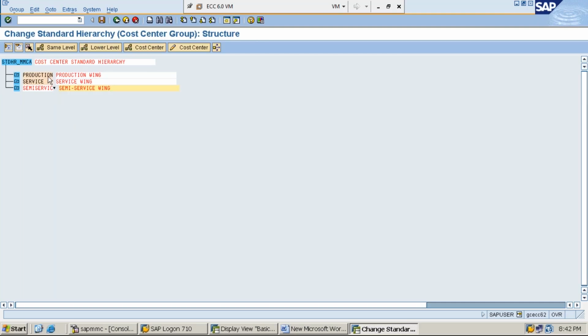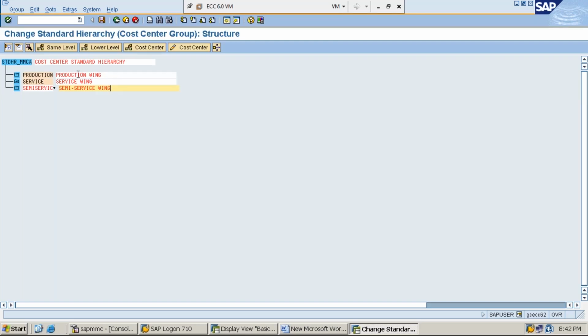The production wing will take care of all manufacturing activities. The service wing will take care of all service related activities. The semi-service wing will take care of both production as well as service activities. Understood? Yes.